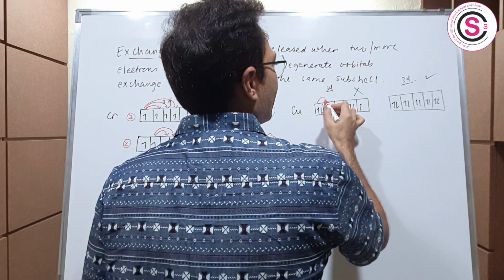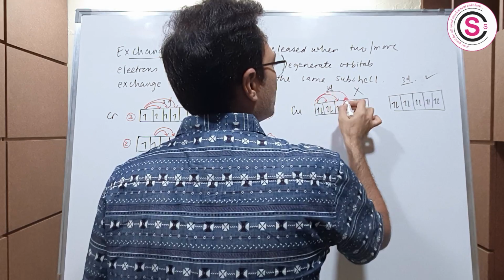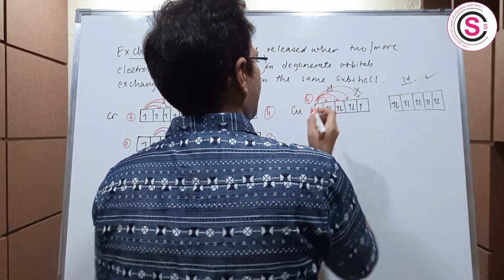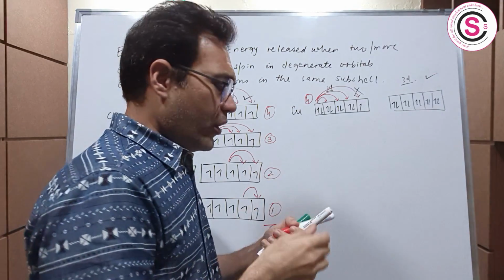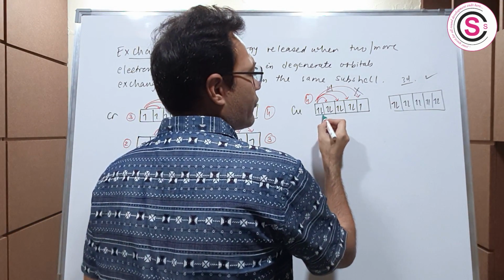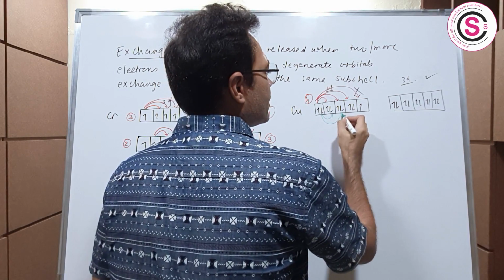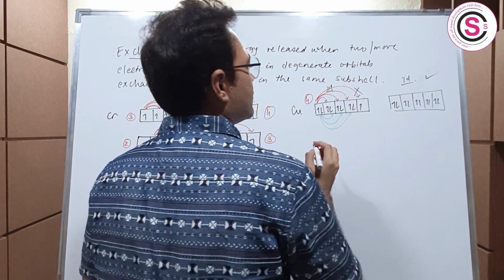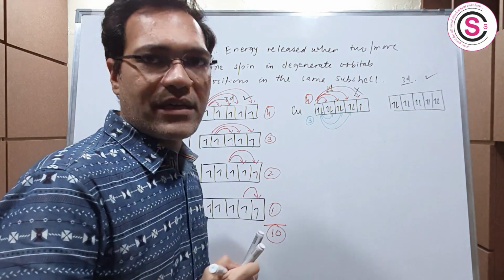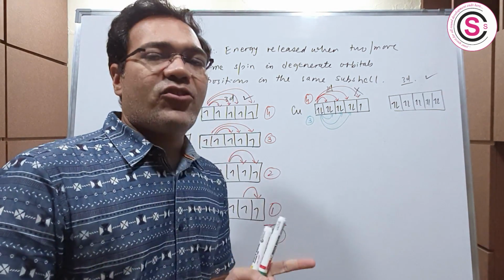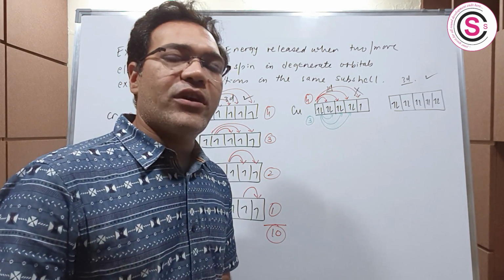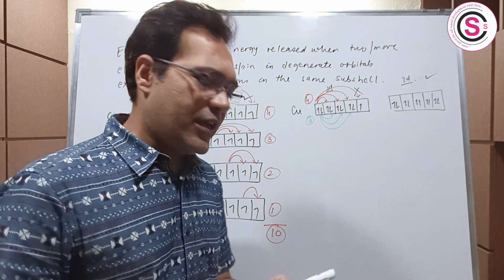So this electron can be exchanged at 1, 2, 3 and 4 places, right? And for the downspin electron, this particular electron, you can make the following exchanges. How many exchanges, students? 3 exchanges, correct? So an upspin electron can be exchanged with an upspin electron, and a downspin electron can be exchanged with a downspin electron.